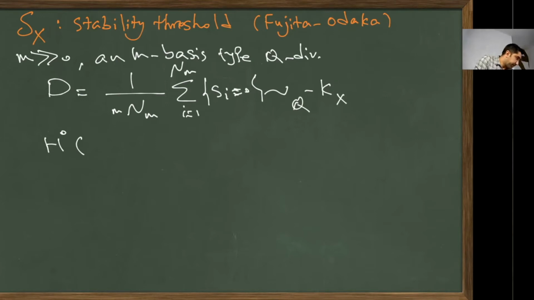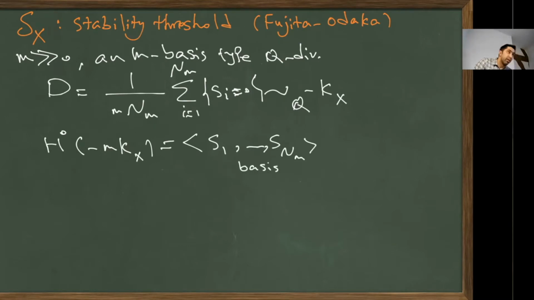So you take the linear system of minus m K_X, and you assume s_1 to s_{N_m} form a basis of this vector space. It's very clear: you just take a basis for this vector space, and you take the divisor defined by this.